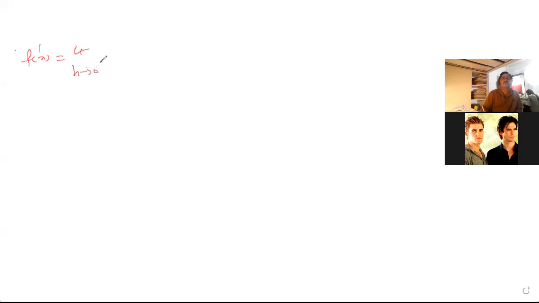Limit h tends to 0, f of x plus h minus f of x divided by h. This is called the first principle. You can call it a type 1 problem.